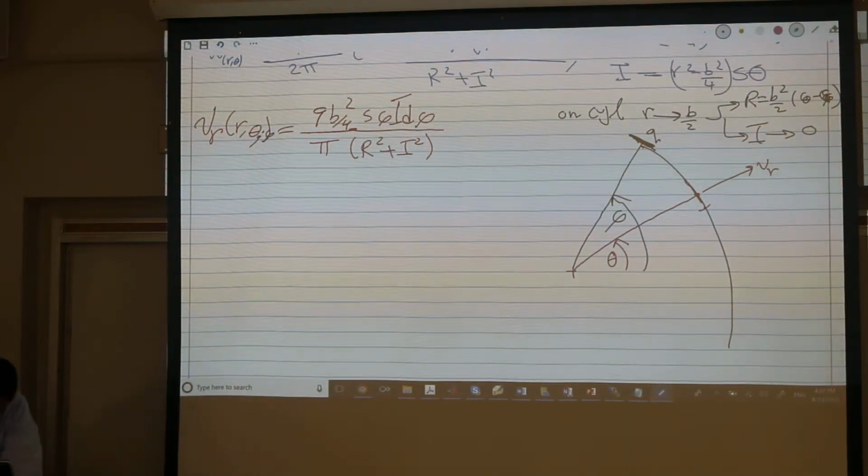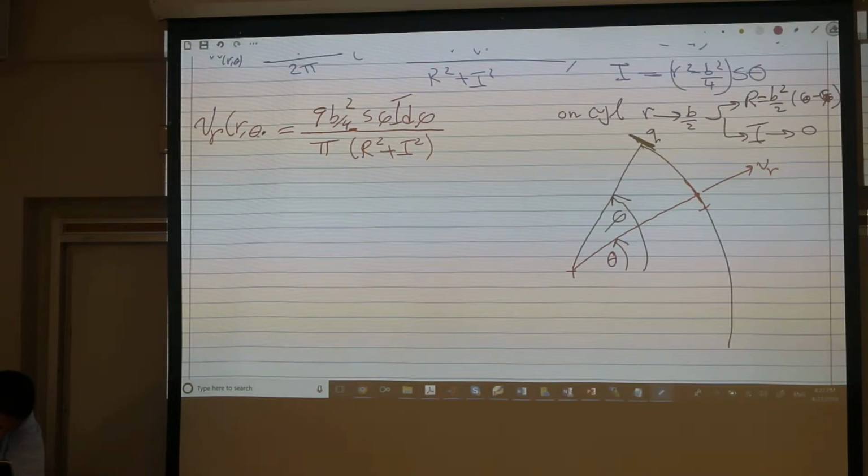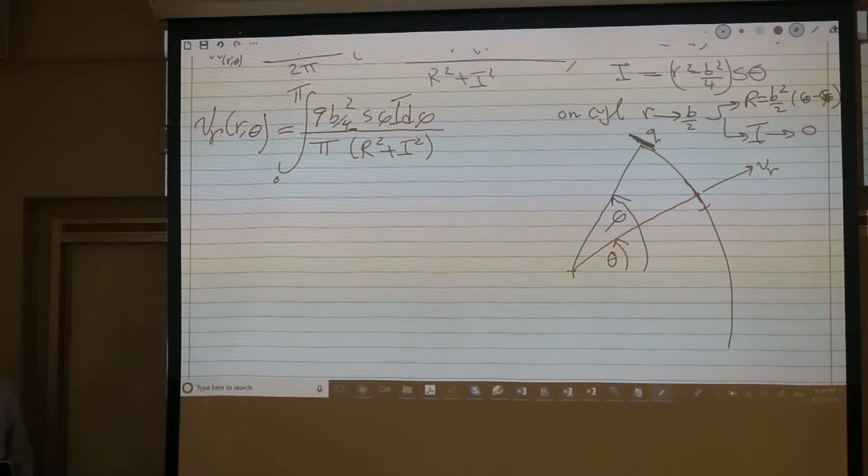So first of all, just to remind you, this guy was integration from 0 to pi, right? I was integrating over the whole domain. So now I'll do it like this.